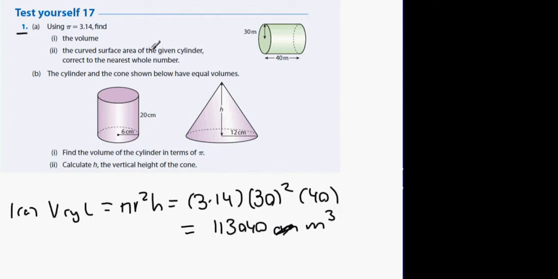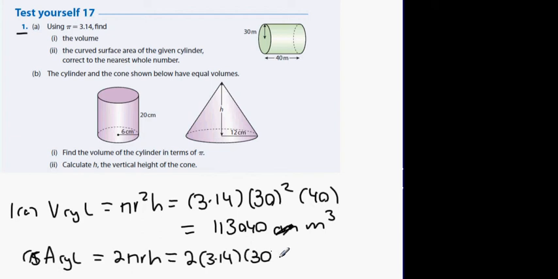Find the curved surface area. So the curved surface area of a cylinder equals 2 pi r h, which is 2 multiplied by 3.14 multiplied by 30 multiplied by 40.